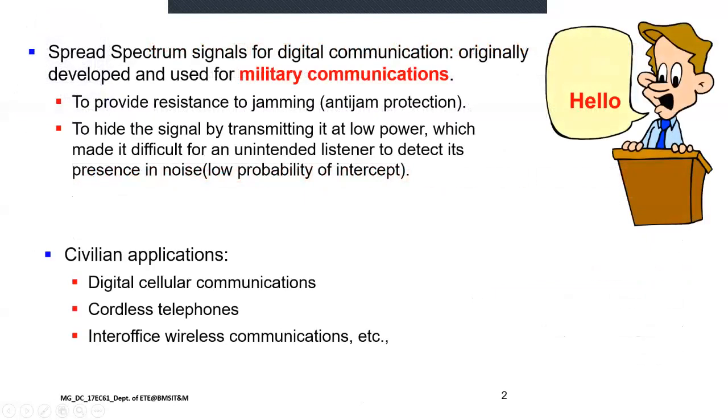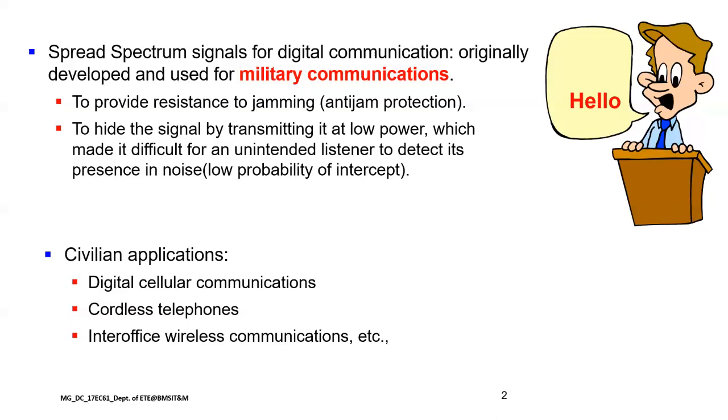To provide resistance to jamming, which we call anti-jam protection, and also it hides the signal by transmitting it at low power. That makes it difficult for an unintended listener to detect the presence of the signal in noise. Hence spread spectrum signals for digital communication were originally developed and used for military communications.